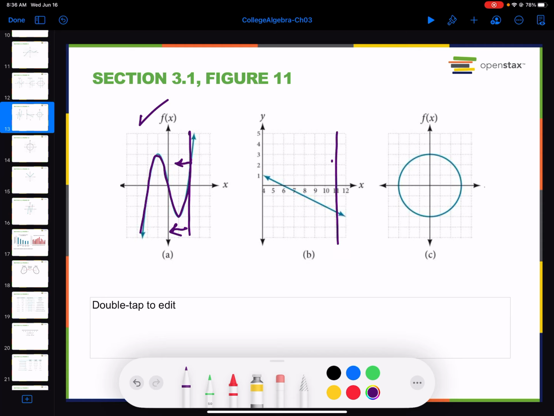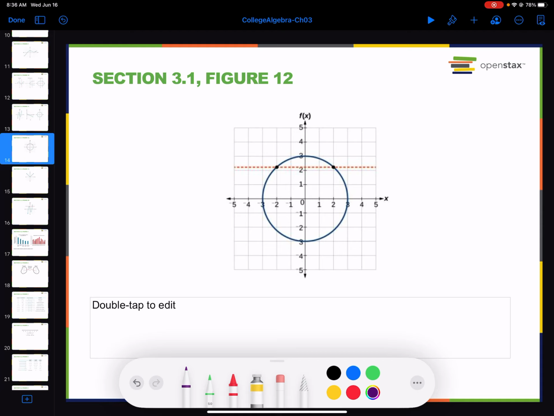Let's do this one. Again, as you run this vertical line across the graph, it's only going to hit in one place the whole time. And now, when you get to this circle, we're hitting twice. I hope you see that. So this one is not a function, but these two are.